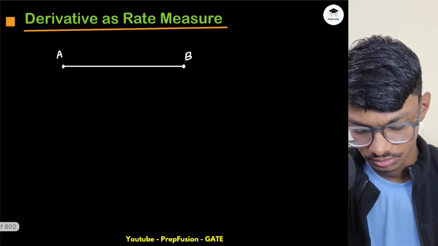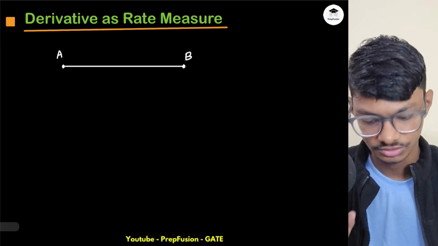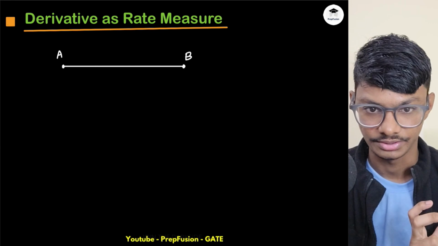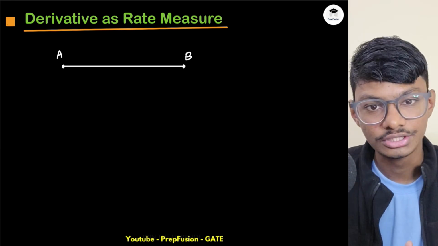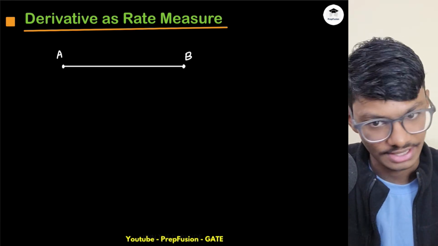So let's start with the first topic. What is the first topic? The first topic is derivative as rate measure. The idea is these two are very similar to each other, not exactly equal.